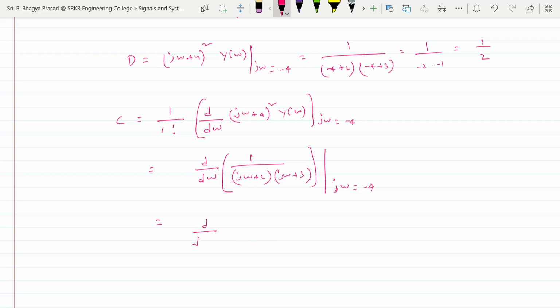So d by d omega of 1 by (j omega) square plus 5 j omega plus 6.